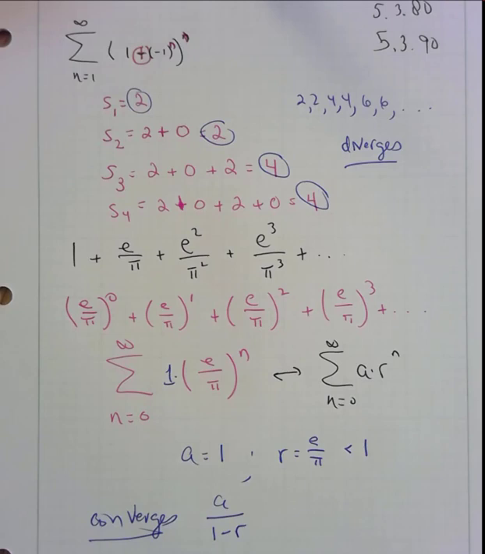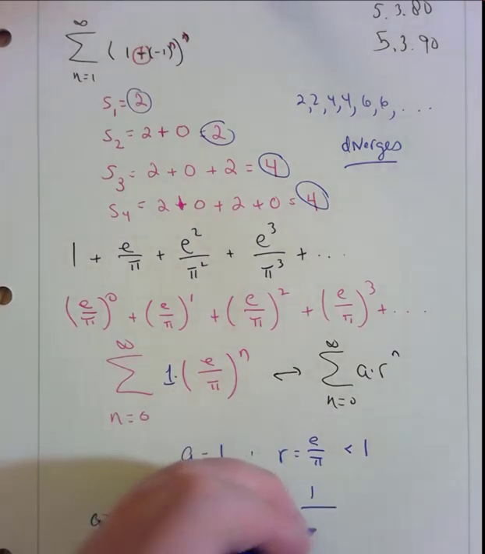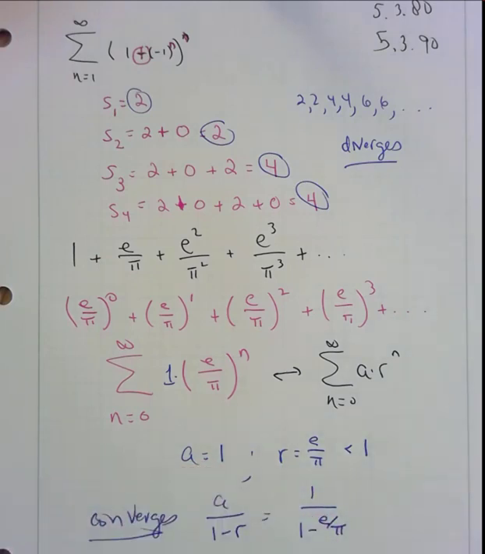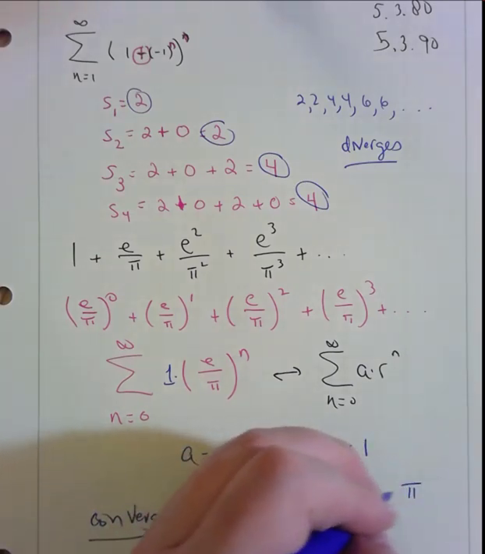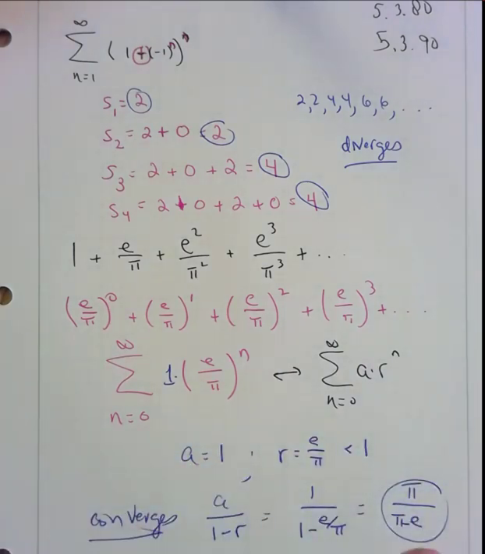There's an explanation in the notes about why that works. And this will be 1 over 1 minus e over pi, which, if we simplify, will end up looking like pi over pi minus e. I don't know that that's any better than that, but it is what it is. So that will be the value of this infinite series. We have added up an infinite number of numbers and gotten a finite result.